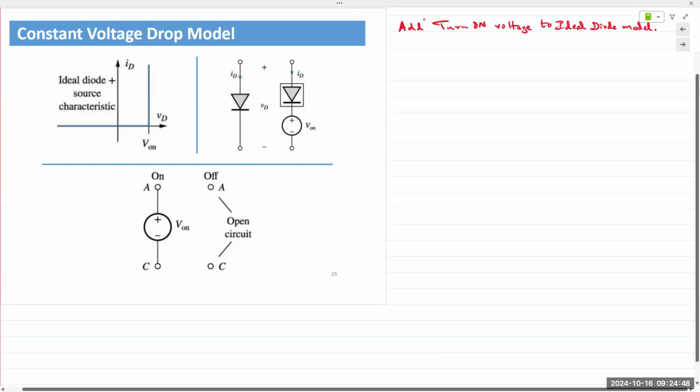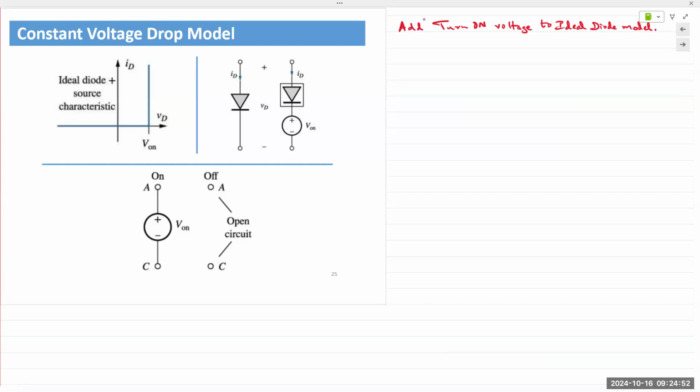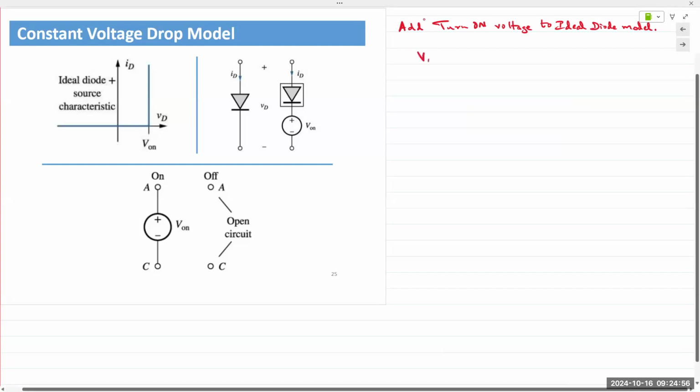The turn on voltage, of course, we call it V on or VTO.